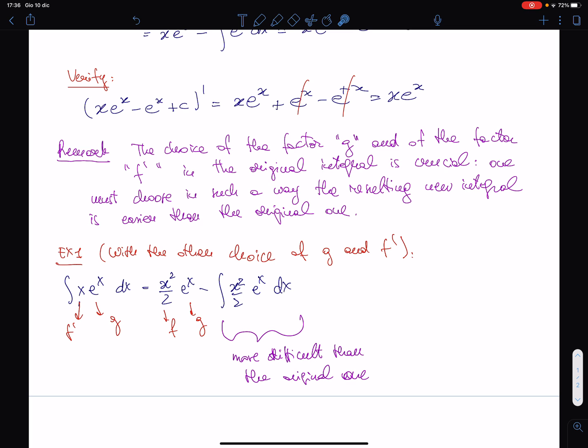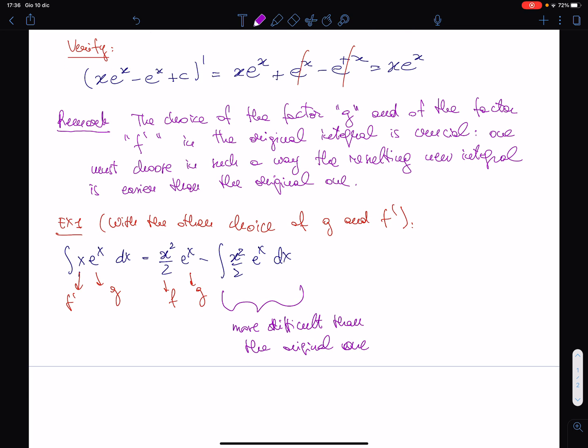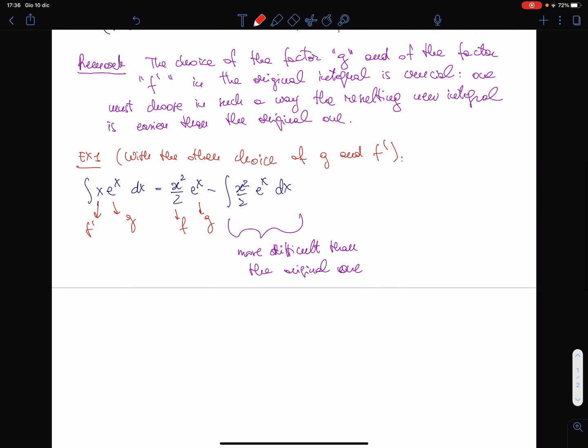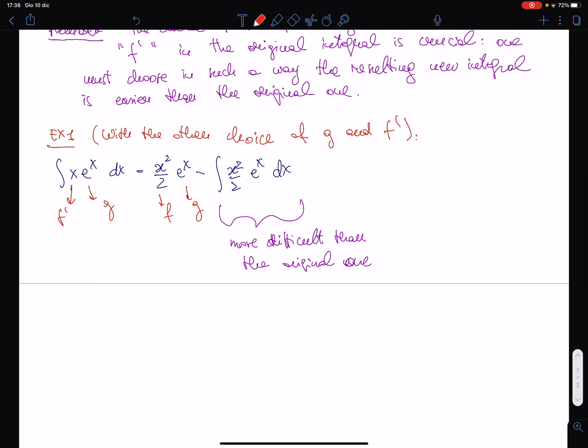So the message is that if you make the wrong choice, you have to go back to the original integral. Let us discuss this as a second example: x squared e to the x dx. We proceed as before.